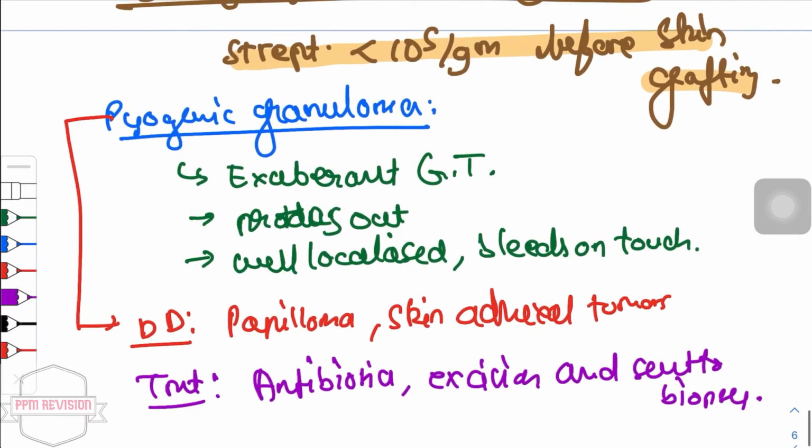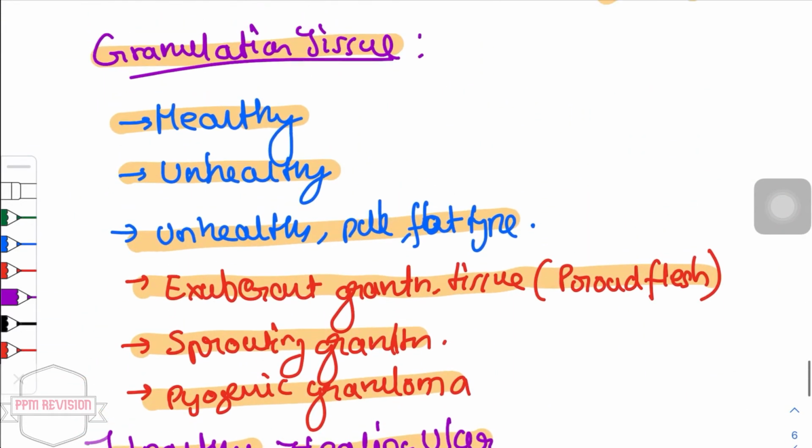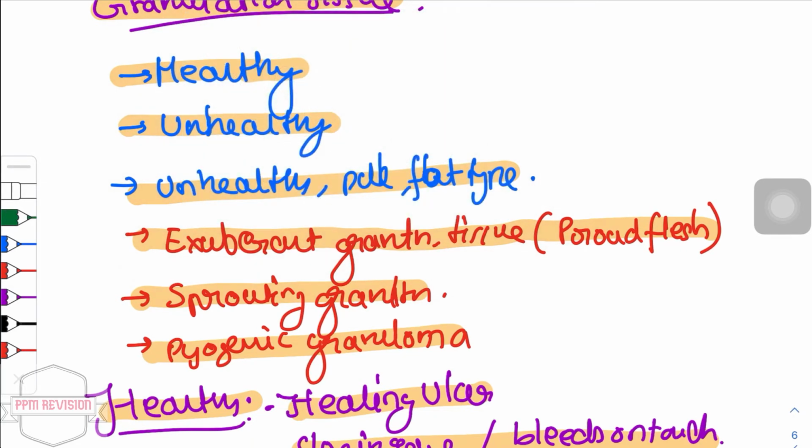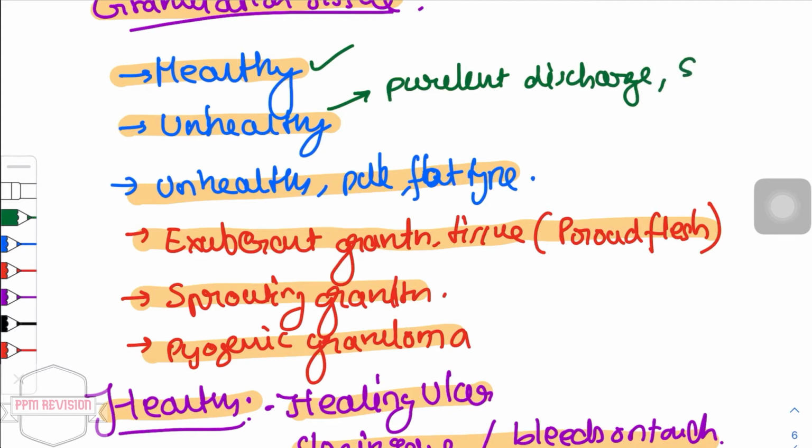Other points I will be telling in short. We spoke about the healthy type. In case of unhealthy, it is pale with purulent discharge, and the floor is covered with slough, and it is a spreading ulcer.